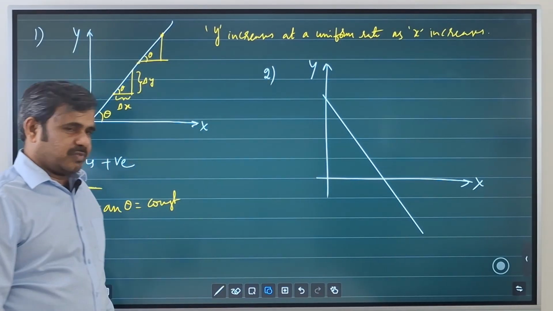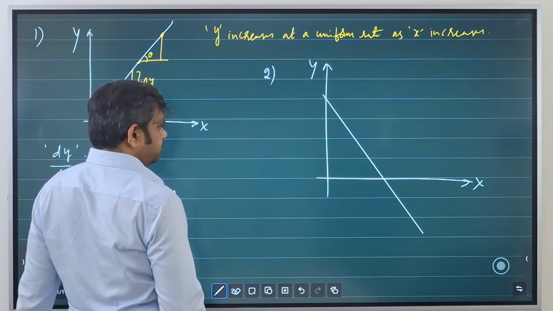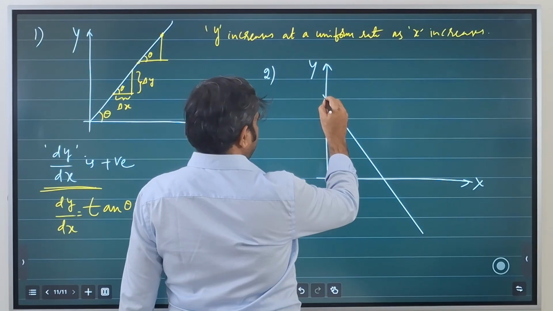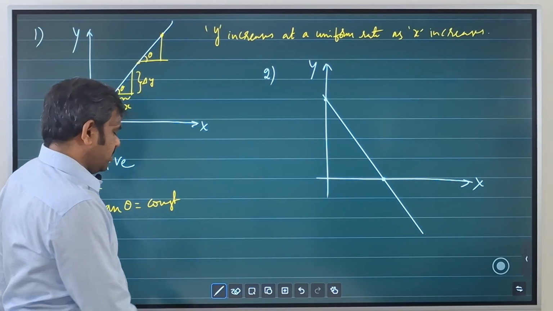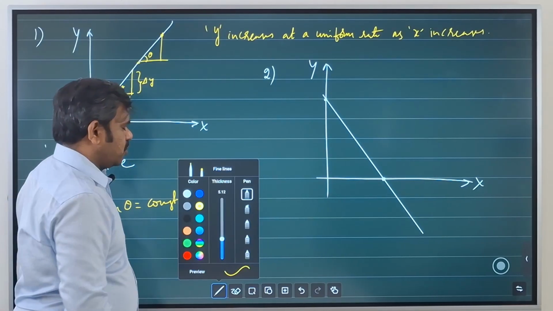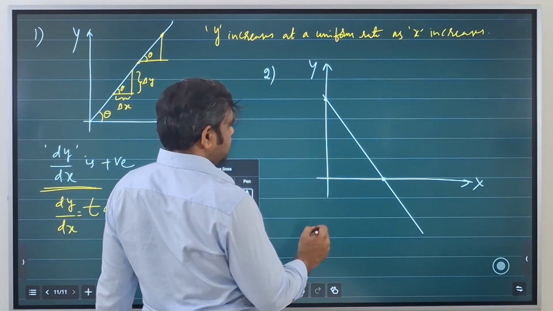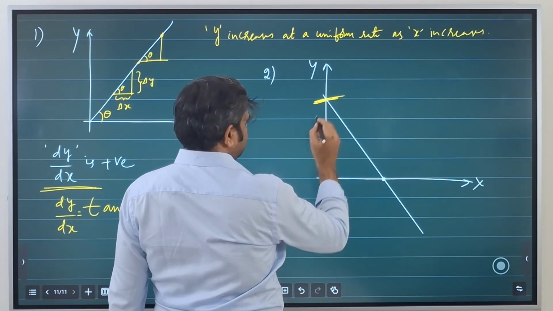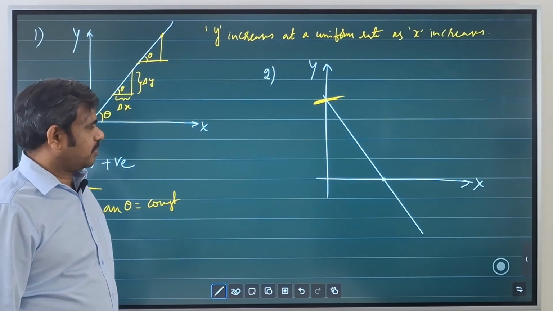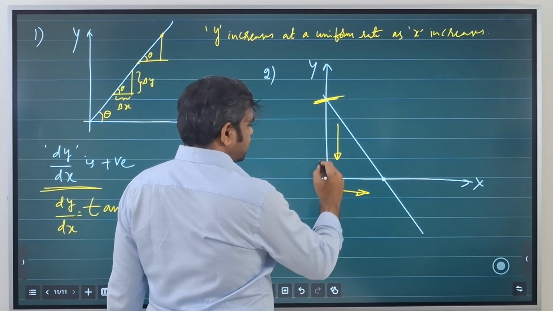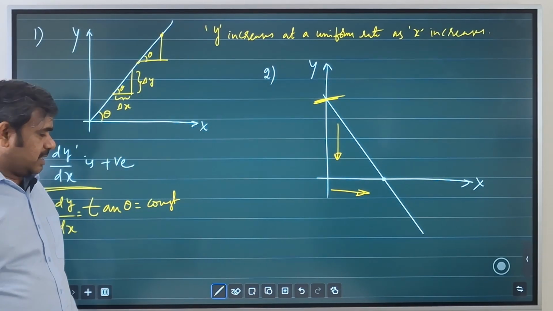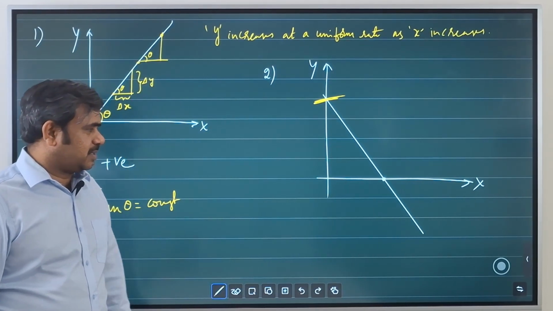Look at this graph. This graph is also a straight line. Look at what is happening to y as x increases. So for x equal to 0, this is the value of y. But as x increases, y decreases.